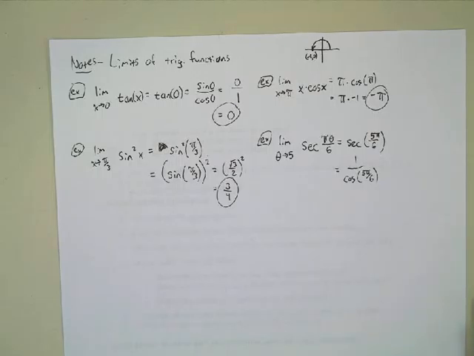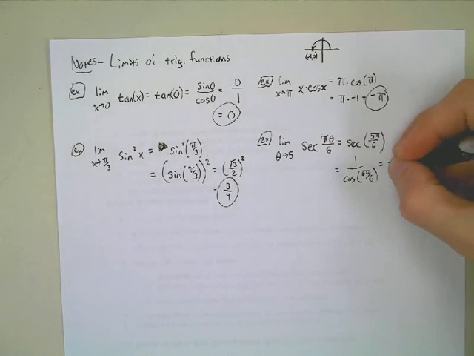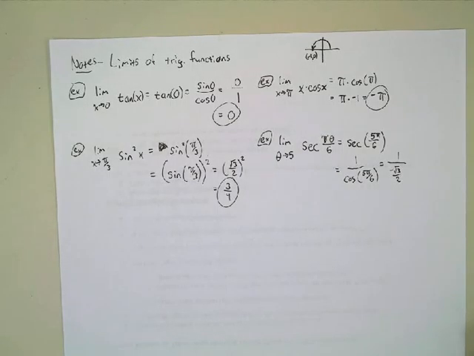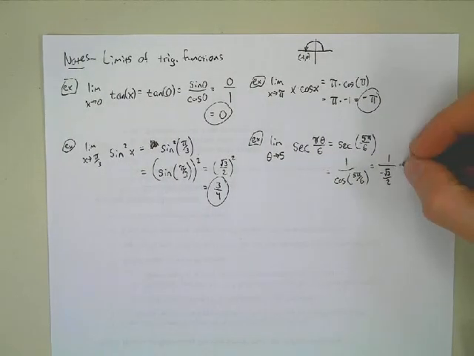Cosine of pi over 6 is root 3 over 2, so cosine of 5 pi over 6 is negative root 3 over 2. So it's 1 over negative root 3 over 2. Be careful, don't forget the 1 over part, right? And that just flips it, so it's negative 2 over root 3.